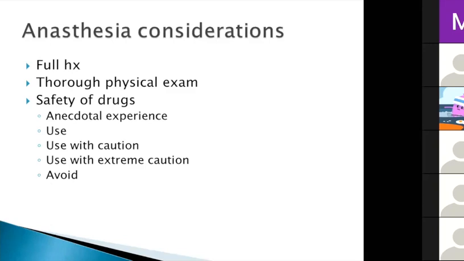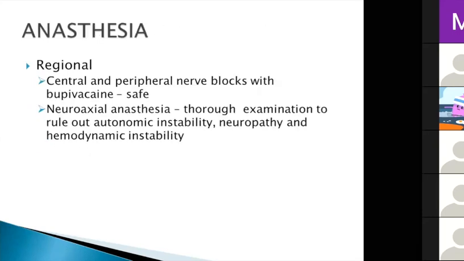If it's labeled use with extreme caution, it means that evidence shows that the drug may be unsafe in clinical practice. If it's labeled as avoid, it means that the drug has triggered acute attacks in humans and it should be completely avoided.